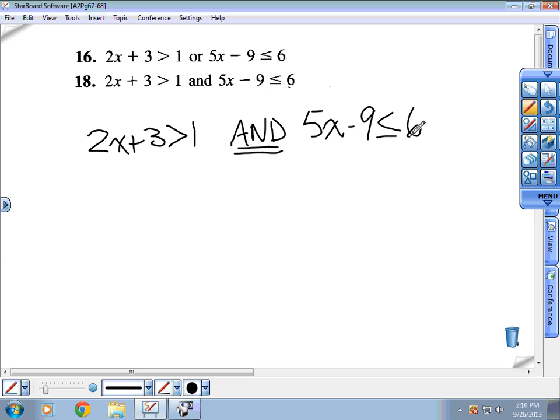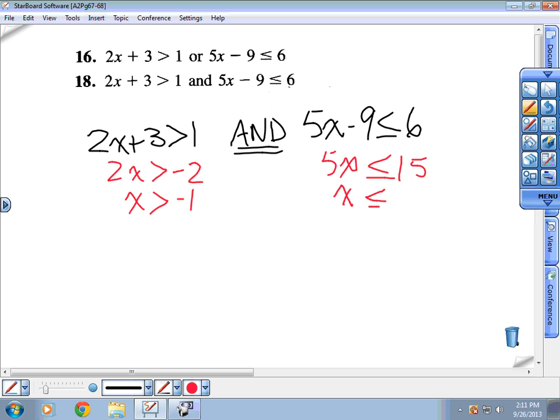Now, I'm going to solve these differently. I'm going to subtract 3 from both sides and divide by a positive 2. And over here, going to add 9 and divide by a positive 5. And I didn't do anything to goof up the signs at all.